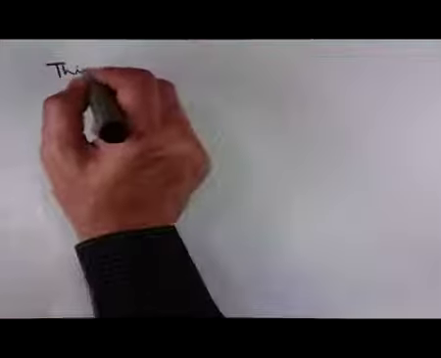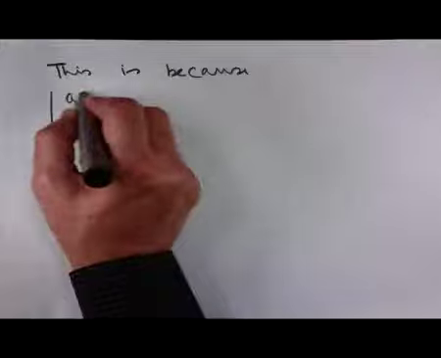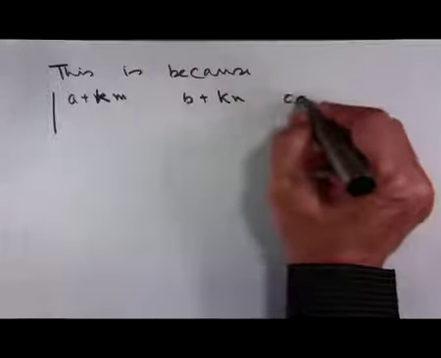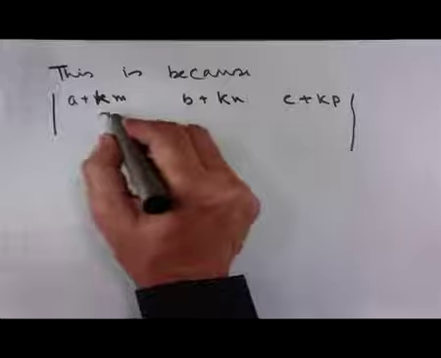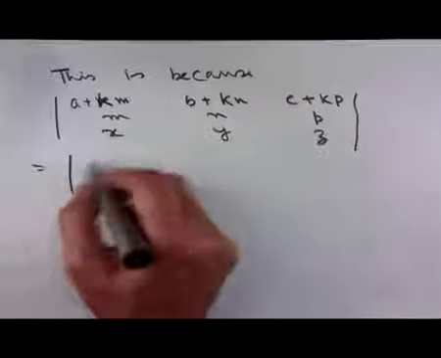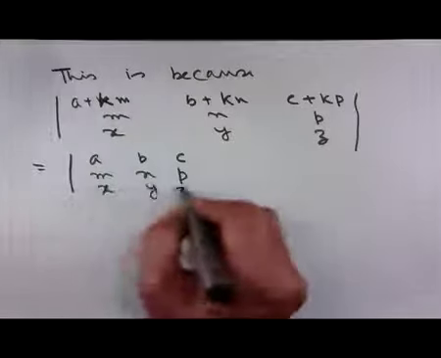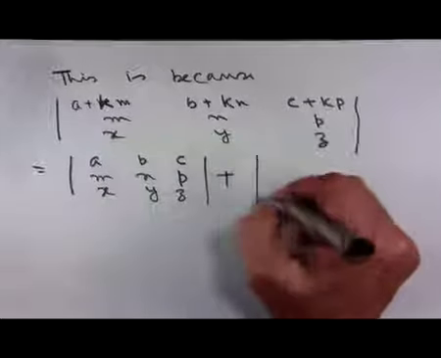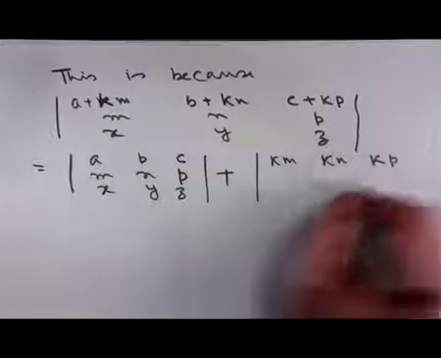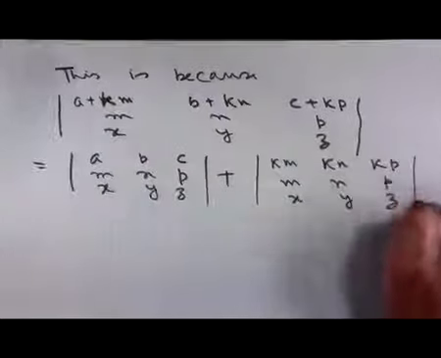This is true. The determinant of the matrix with rows a plus km, b plus kn, c plus kp; m, n, p; x, y, z is equal to the determinant of a, b, c, m, n, p, x, y, z plus the determinant of km, kn, kp, m, n, p, x, y, z.